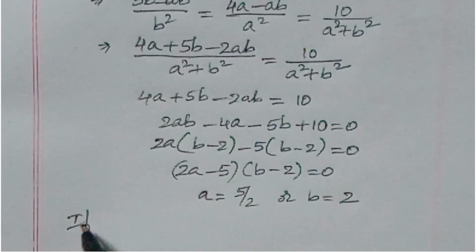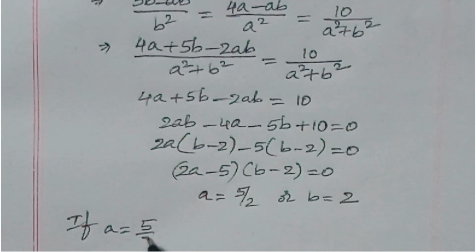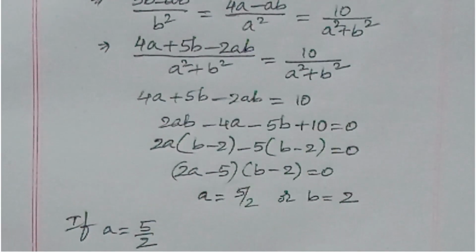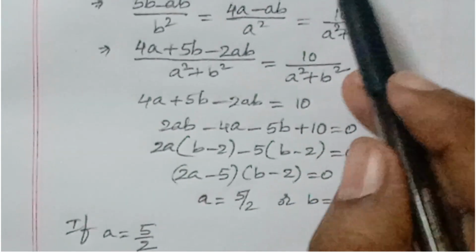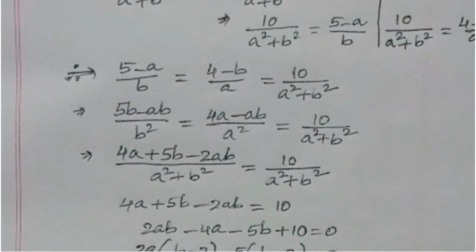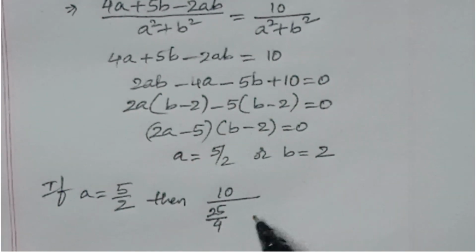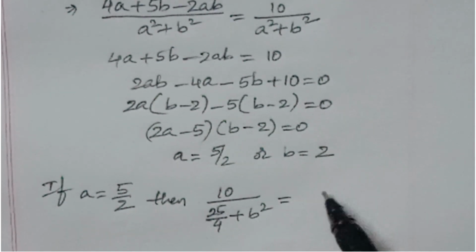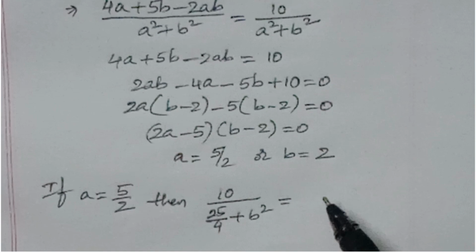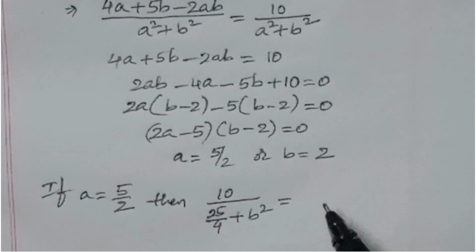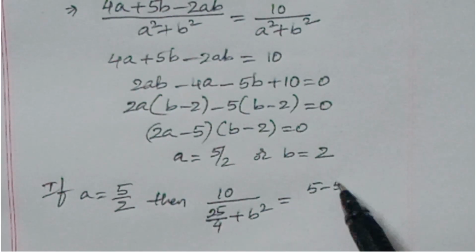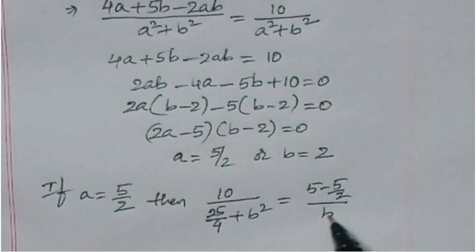Now if a is equal to 5/2, replace in the first one. Then 10/(25/4 + b²) is equal to 5 minus (5/2)/b.